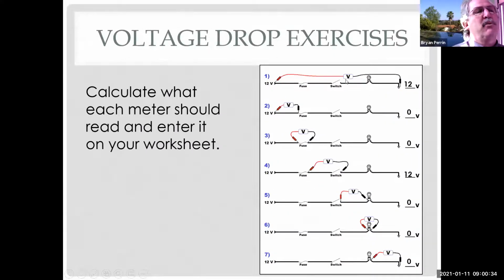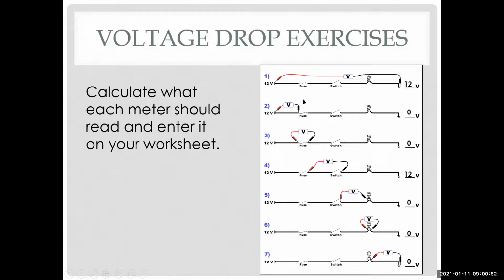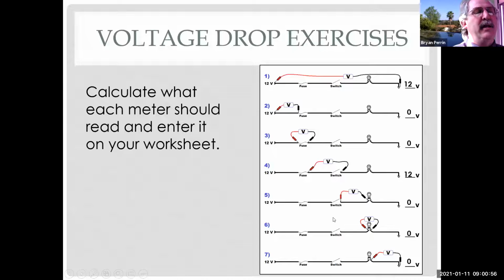So here's our first one, right? Our switch is open, so our circuit divides at the switch. In order to read 12 volts, my leads have to be on either side of the switch. That's why all the rest of these read 0. Are you following that, Del? I said my switch divides the circuit. So if I go up and down, the switch is the difference between positive and negative energy.